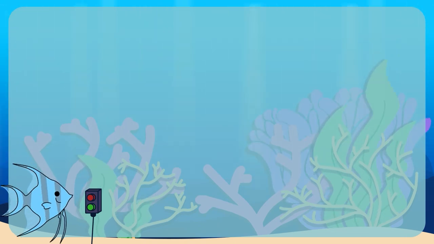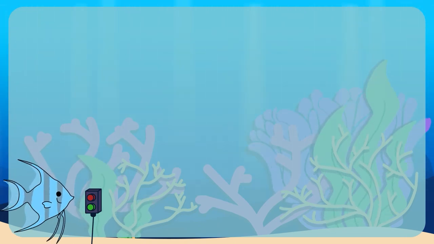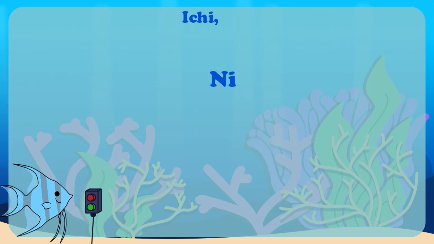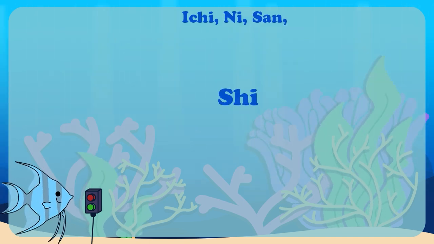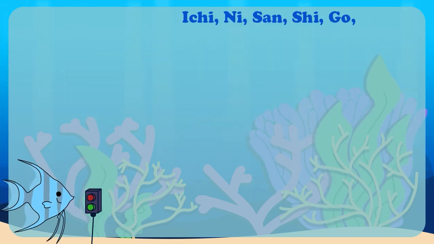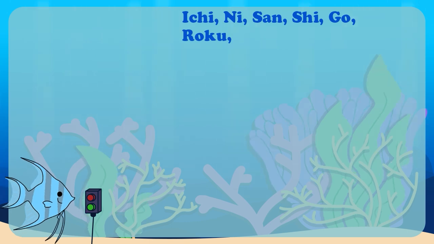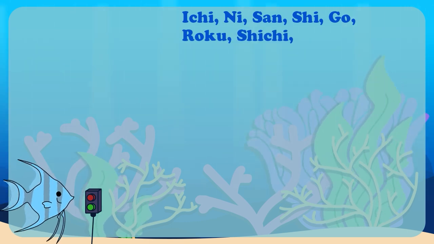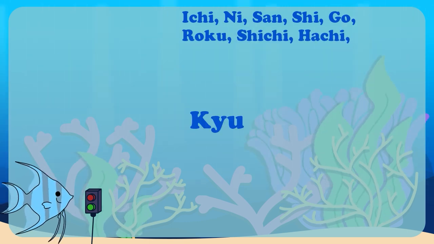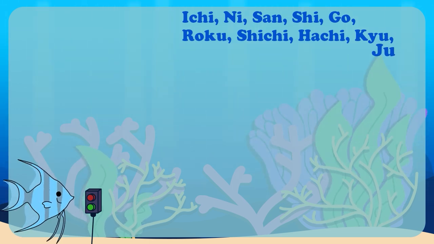So, how do you count in Japanese? Well, let's clarify how to count in Japanese to make sure we are all on the same page. 1, 2, 3, 4, 5, 6, 7, 8, 9, or sometimes 9, 10.